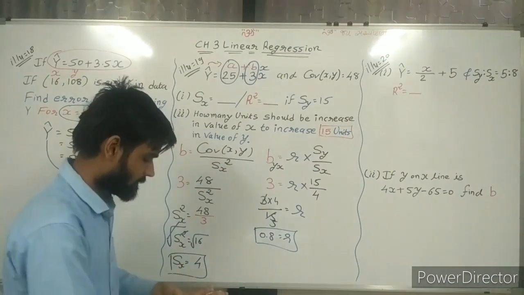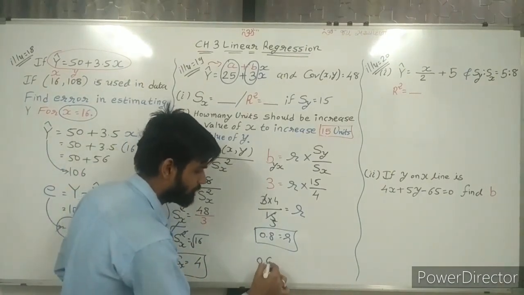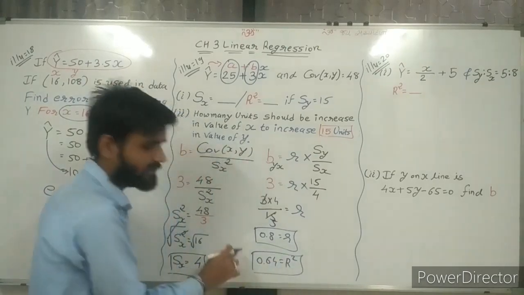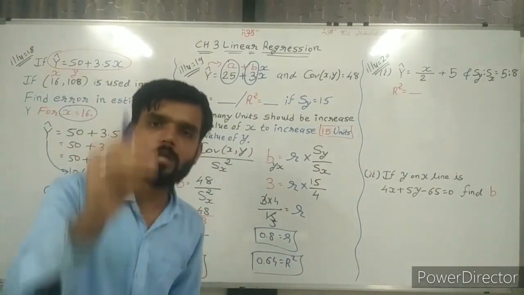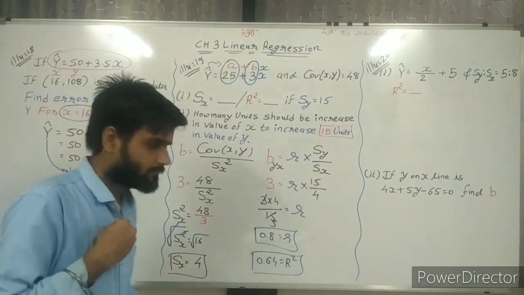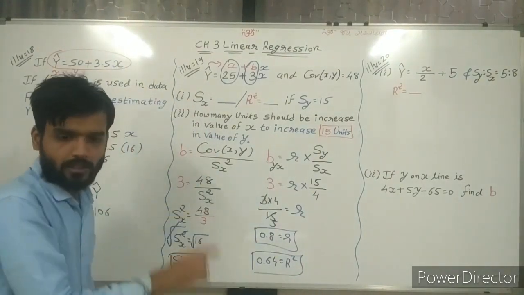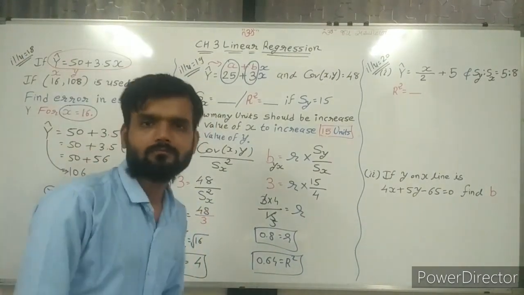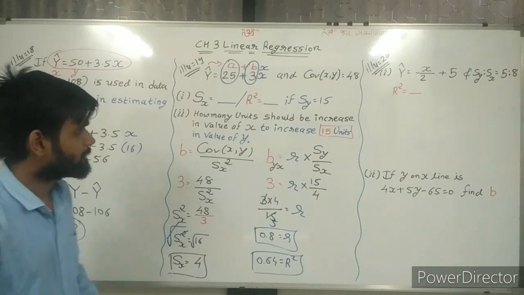So the square of this is 0.64, and this is the coefficient of determination. Now I am definitely sure that up to this level, in this question, you don't have any difficulty. I am confident about it.